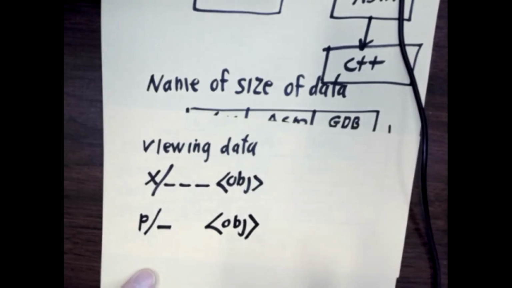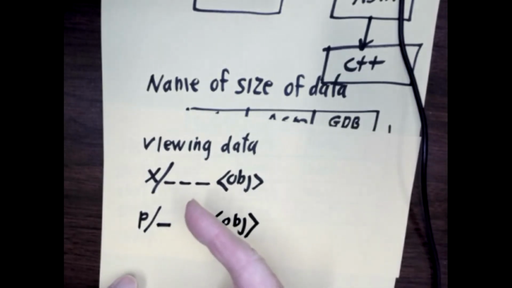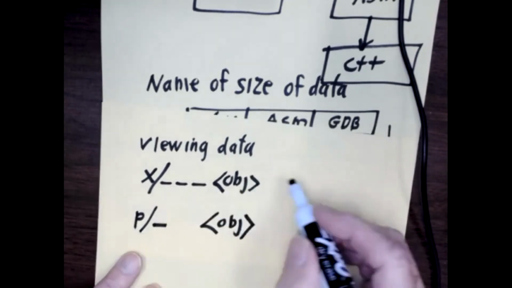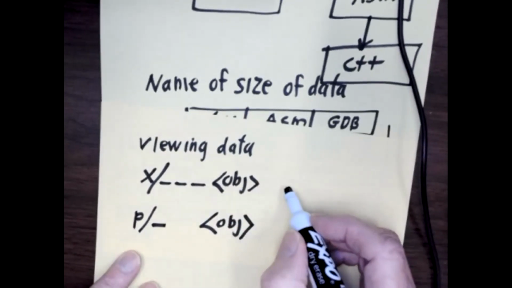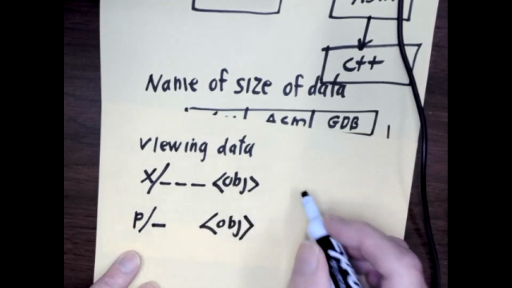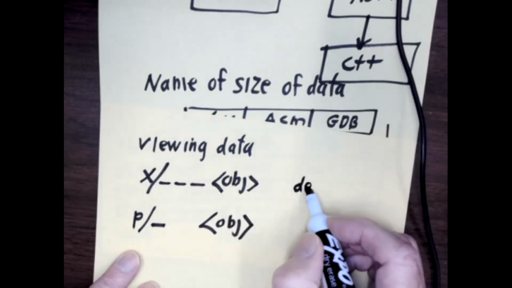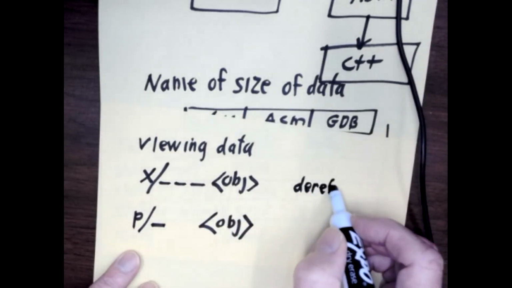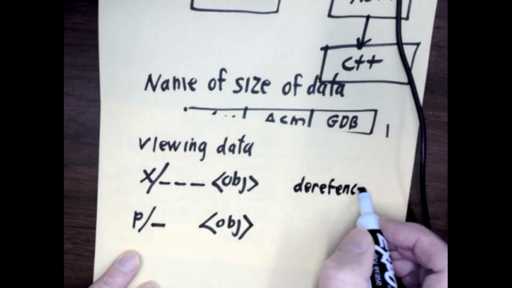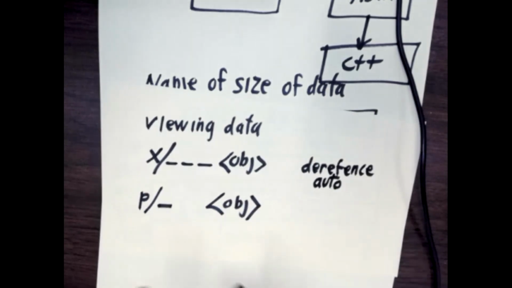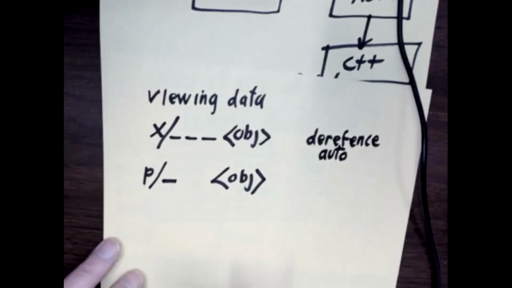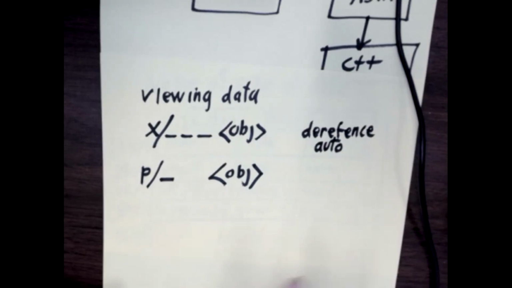Okay. So the X command has built into it a kind of dereferencing. It's automatic. Dereference. And I'll write an example. Okay. P doesn't do that. So let's take the register RAX.